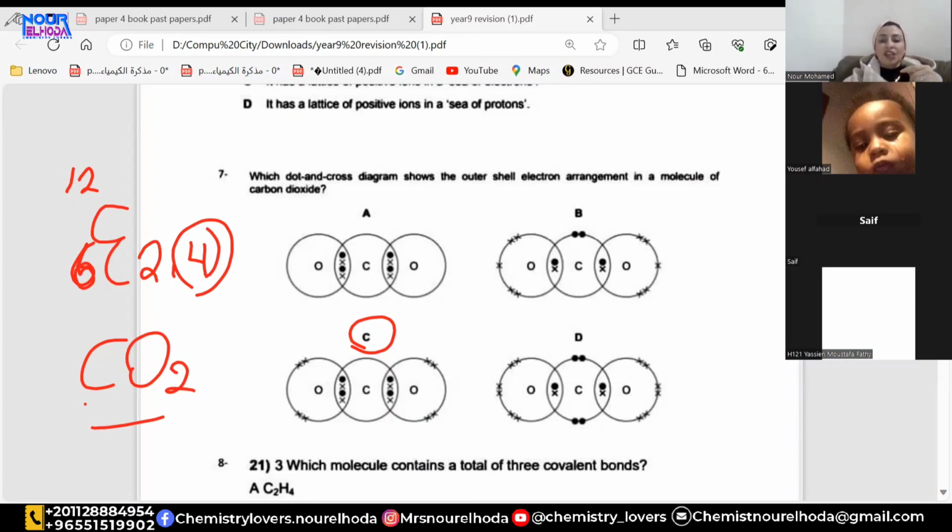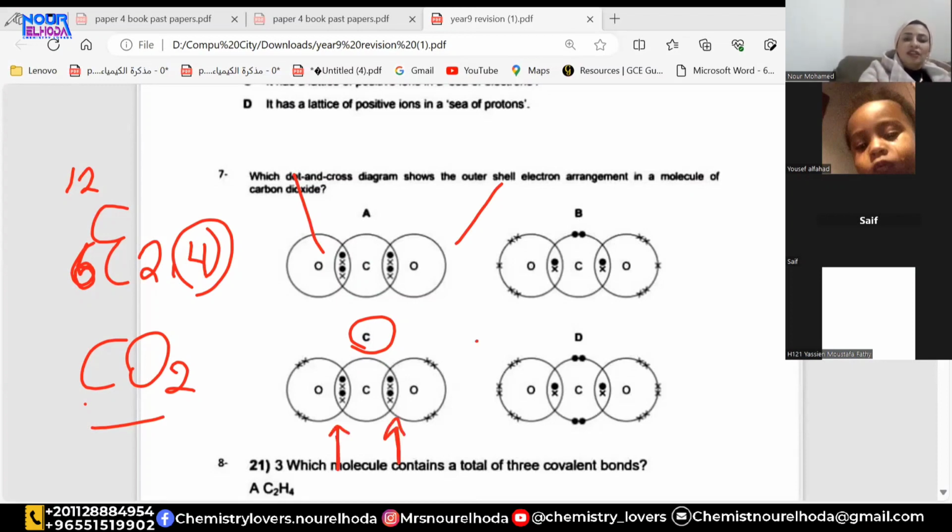I already have 4, but I want to have 8 in the outer shell to be stable. So I still need 4 more. To get 4 more, I'm sharing with oxygen and oxygen. This means I will take 2 from this oxygen and 2 from the other oxygen. That's why it's a double covalent. Okay, that's why I'm going to do it like this.